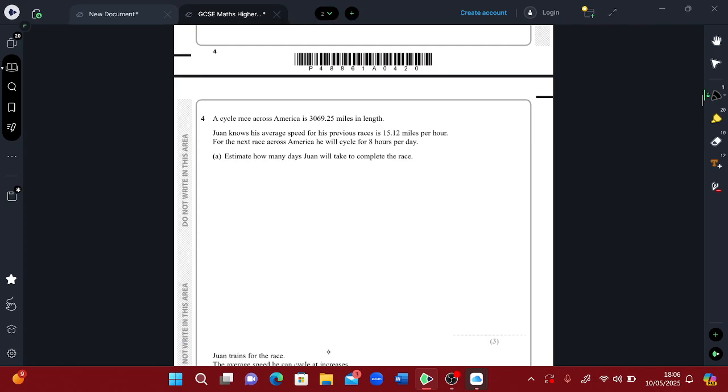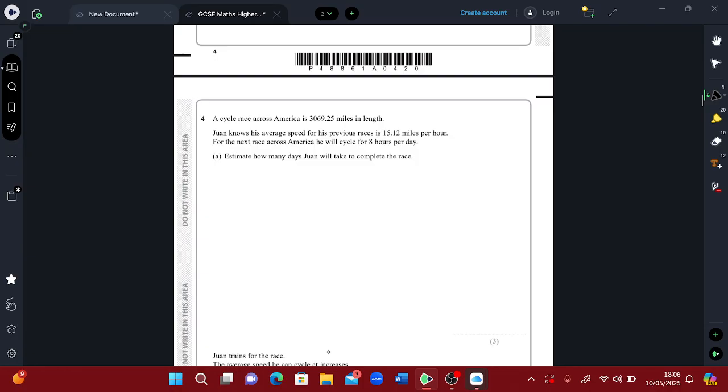Okay. So a cycle race across America is a very specific number of miles in length. He knows his average speed in the other races, and there is the next race in the cycle. There are different situations going on here.